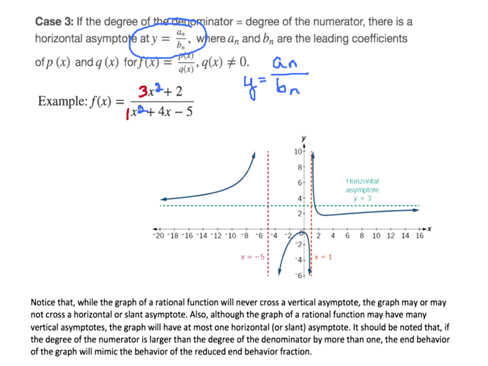The leading coefficient of the denominator is 1. So since the degrees of my numerator and denominator are the same, I have a horizontal asymptote at y equals 3 over 1, which is just y equals 3. So here's my horizontal asymptote going right through here.